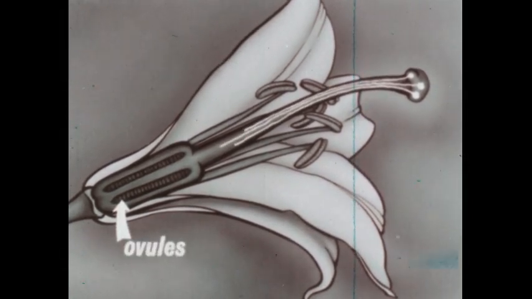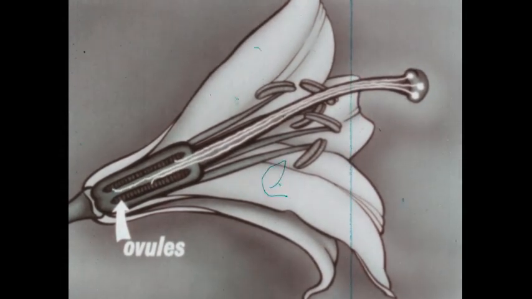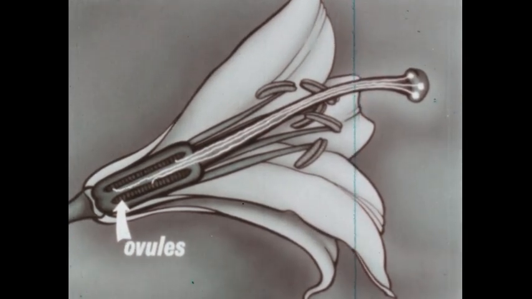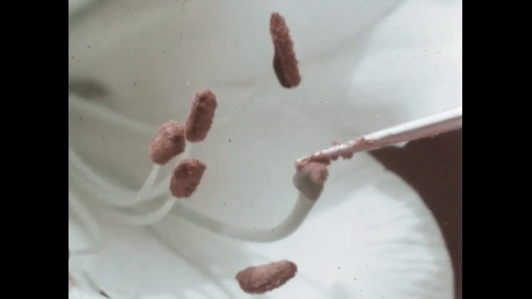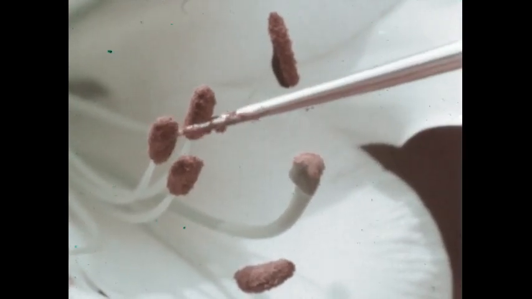These are called ovules. Eventually, the tubes reach the ovules, and sperm cells from the tubes go inside. Each ovule may then grow into a seed. This is how seeds are produced in the lily. Remember, stamens and pistils are necessary to make seeds.